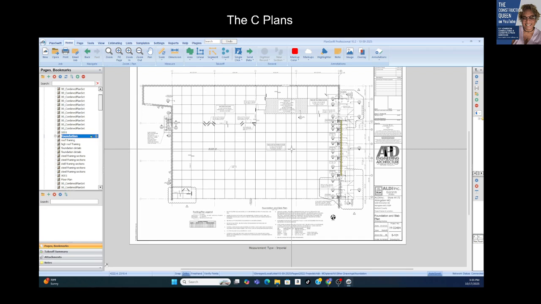So we have the foundation, we have the framing, we may have the shear walls if it applies to that, and then the roof framing shows us also the headers. And so we don't have very many sheets in a structural set. And then everything that comes after that are all of the details and the section views.